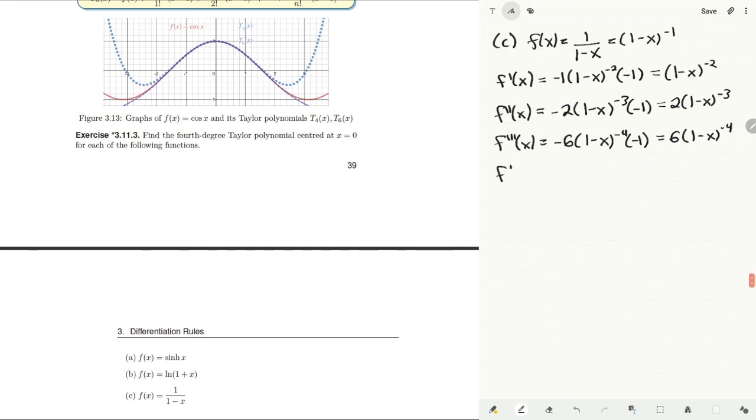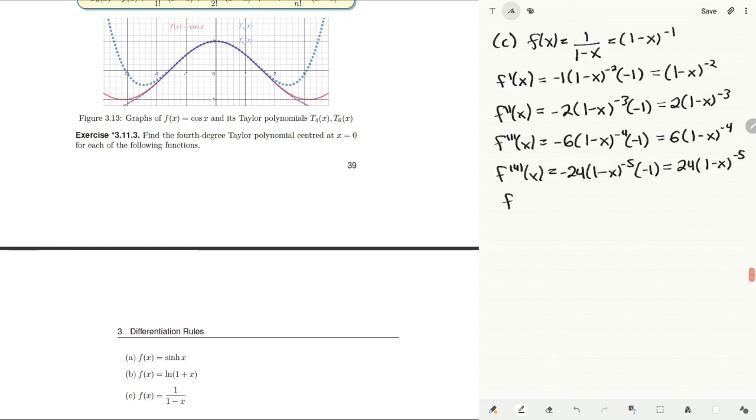And the fourth derivative is 6 times negative 4, that's negative 24, times 1 minus x to the negative 5 times negative 1, which is 24 times 1 minus x to the negative 5.